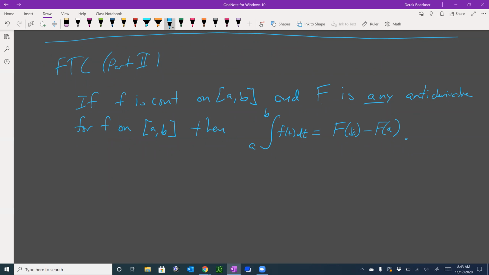And so you can find the area under a curve by finding an antiderivative and evaluating at the endpoints.